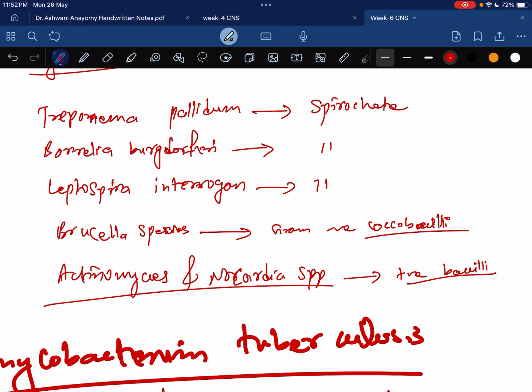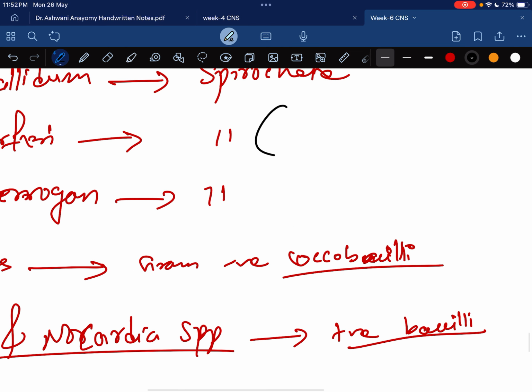Borrelia burgdorferi causes Lyme neuroborreliosis, with a tick vector. CNS signs like facial palsy, meningitis, and radiculitis are seen, and for diagnosis we can use ELISA and Western blot.